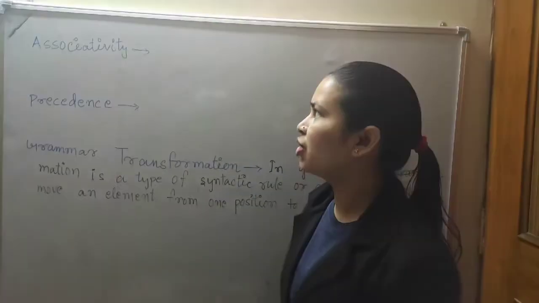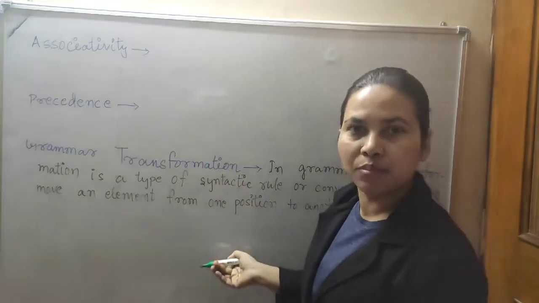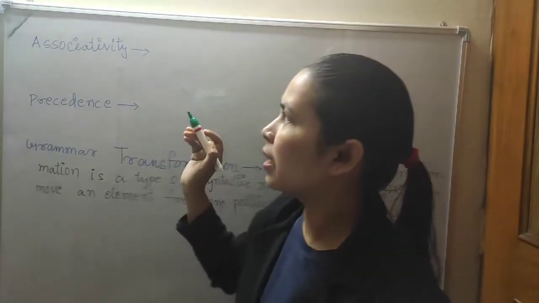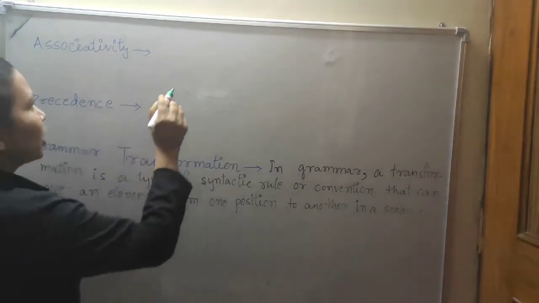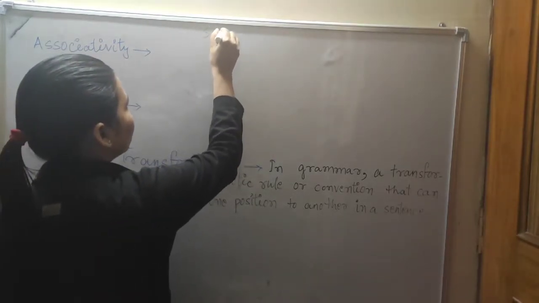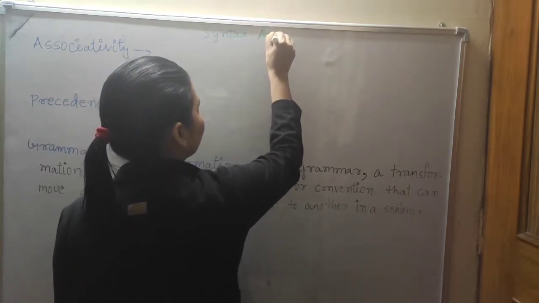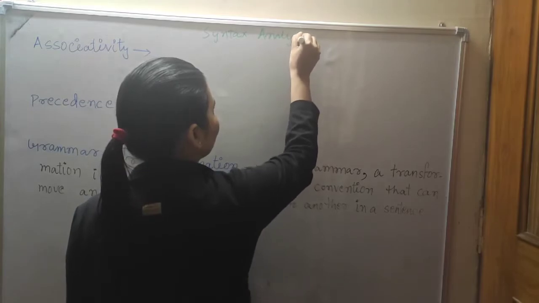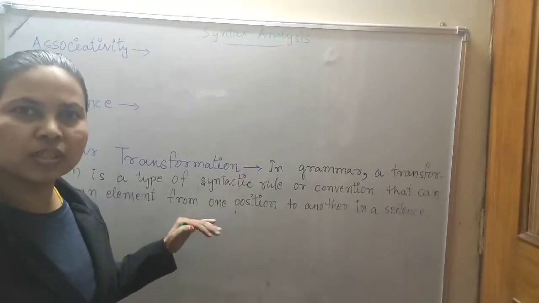Now I am teaching syntax analysis for the UGC NET exams syllabus. Syntax analysis covers associativity, precedence, grammar, and transformation. These are the syllabus topics of the UGC NET exams.